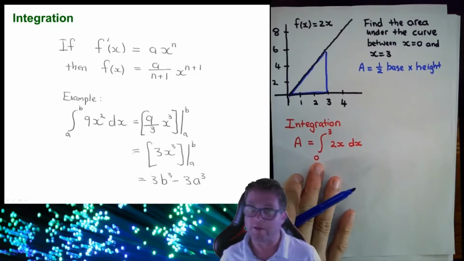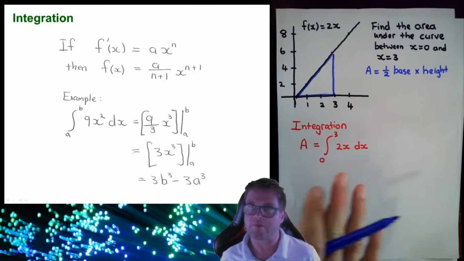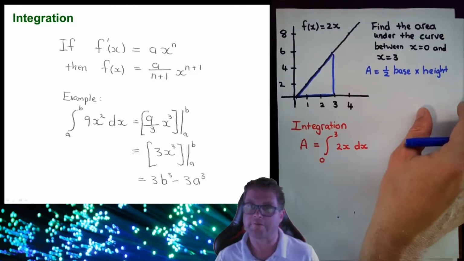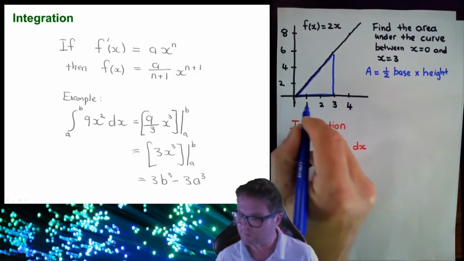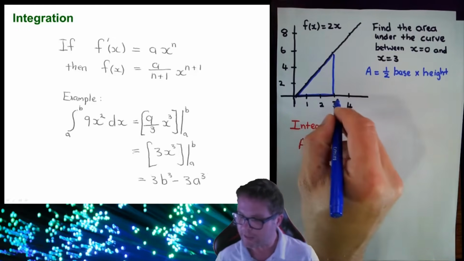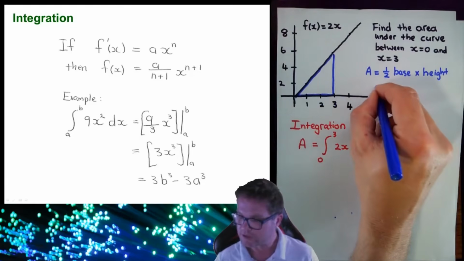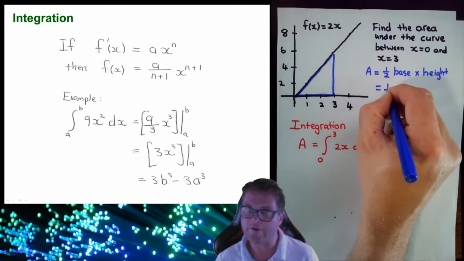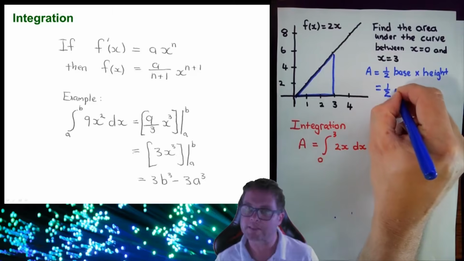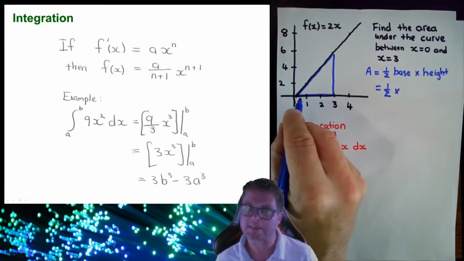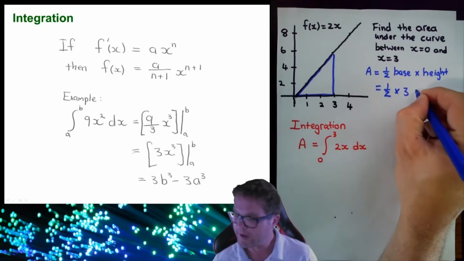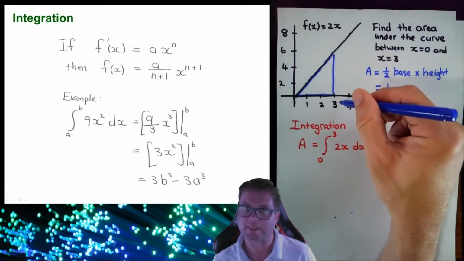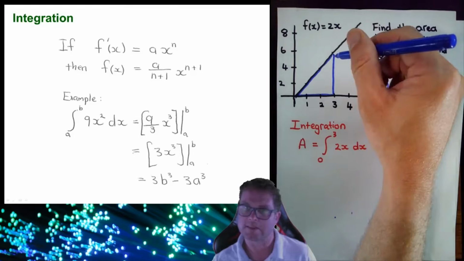So a formula that we often use to find the area of a triangle is just half base times height. For us, the base is 3, so the area is going to be half times the base, this base here, the length is 3, and the height we can see is 6.